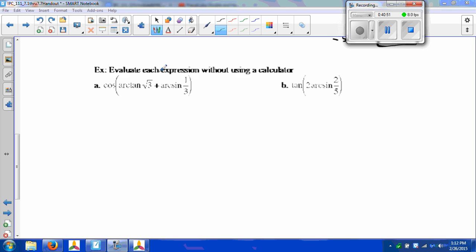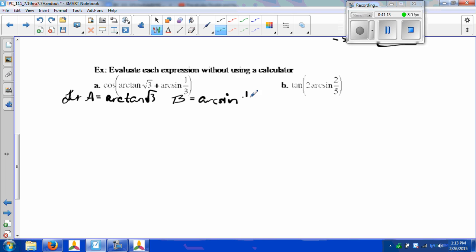Well, it's the same idea. We're going to say, let A equal arctangent of root 3 and B equal arcsine of 1/3. Then that means that the tangent of A equals root 3, which now I can draw.